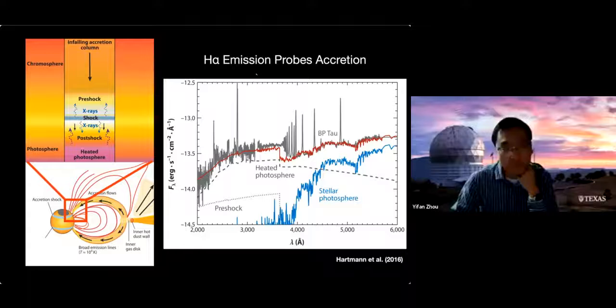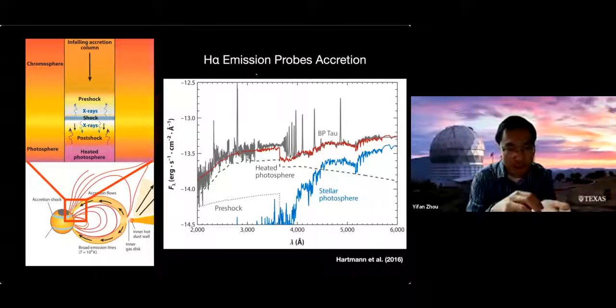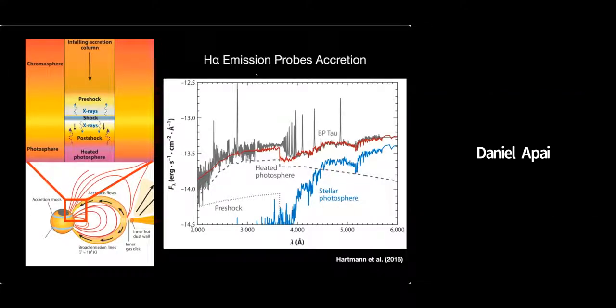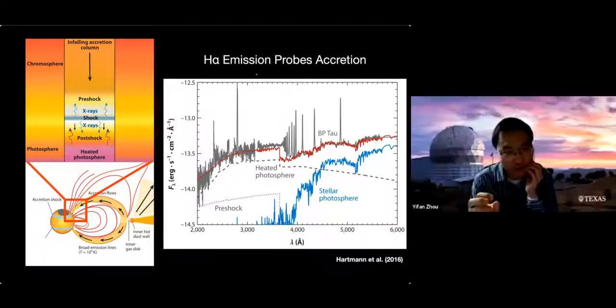So I think the accretion-induced excess emission would contribute a bit to the infrared, but compared between the optical band and the IR, in the optical band it mostly comes from the accretion-induced flux, while in the IR most of the flux is still coming from the photosphere.